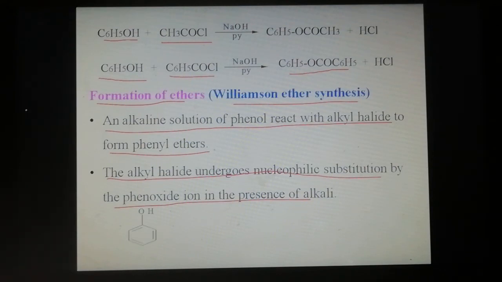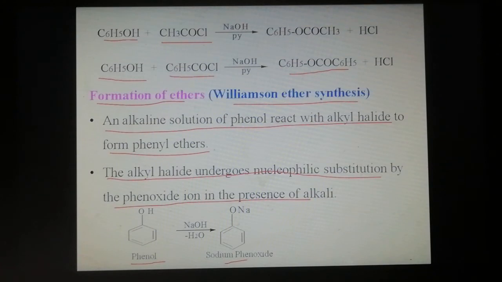Equation for Williamson ether synthesis: phenol treated with sodium hydroxide, an alkaline solution of phenol, gives sodium phenoxide.